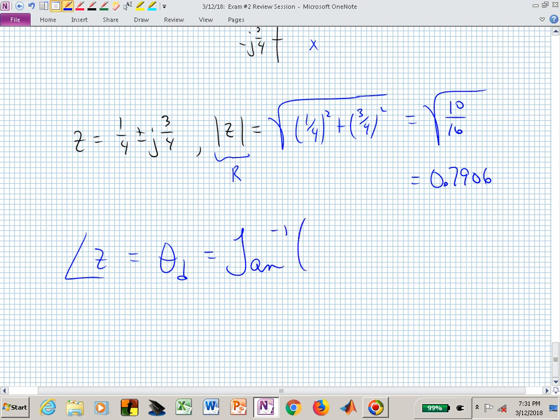And what's the angle of this pole, which I called theta sub d? It now has a vertical part of 3/4 and a horizontal part of 1/4, and that ends up being 71.56 degrees.